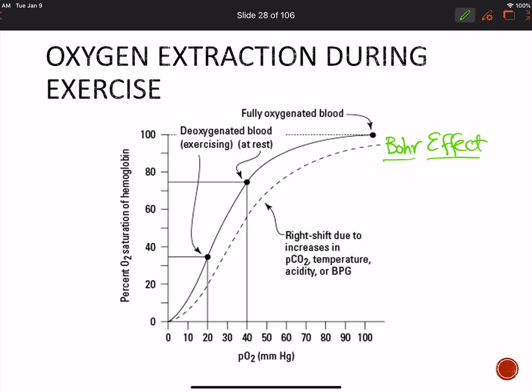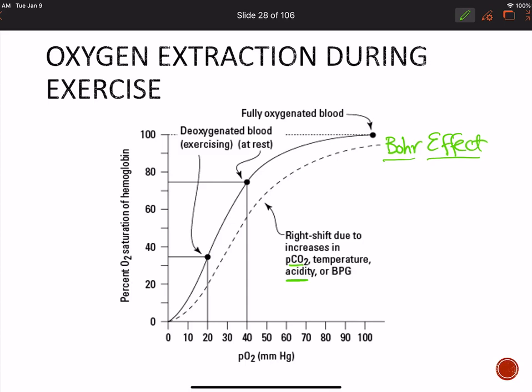So there's a rightward shift because when the Bohr effect is in place, hemoglobin is less likely to hang on to oxygen. And things that cause the Bohr effect: increases in carbon dioxide, acidity.